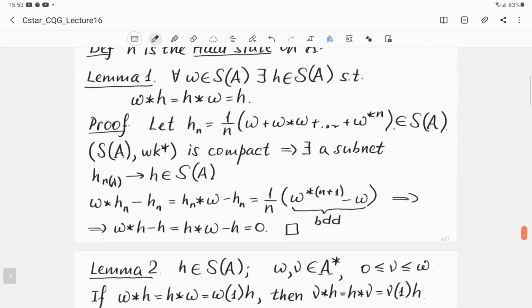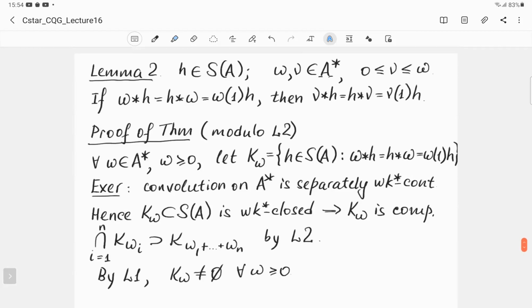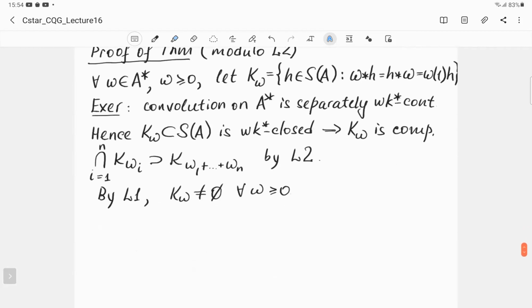For each omega there is a state little h such that this property holds. Well, formally we prove this only in the case where omega is a state, but if omega is an arbitrary positive functional, we just normalize it. We divide omega by omega of 1, and we get a state. So everything is reduced to the case where omega is a state.